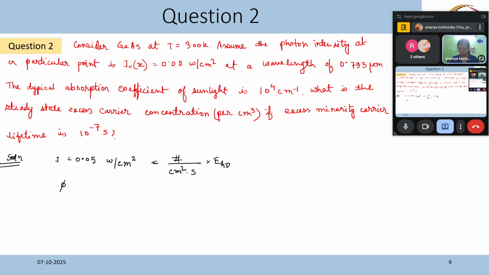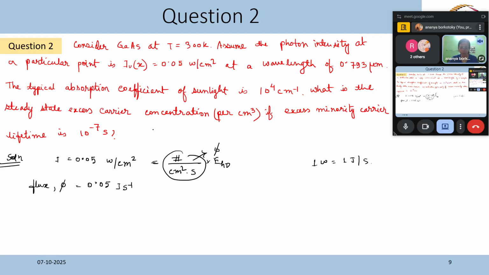This is my photon flux actually. Flux will be 0.05 watt. I have told you earlier watt is equal to joule per second, right? So I'll write it as joule per second per centimeter square.